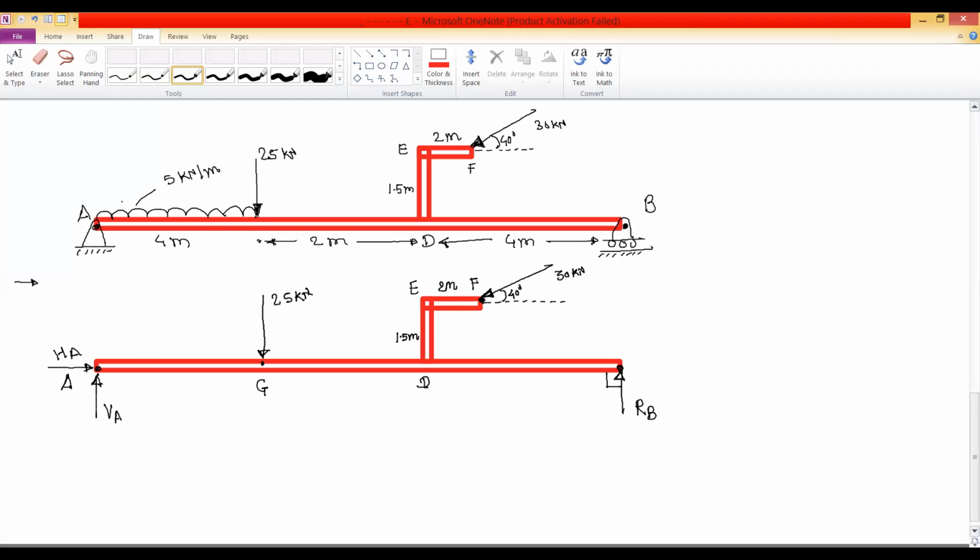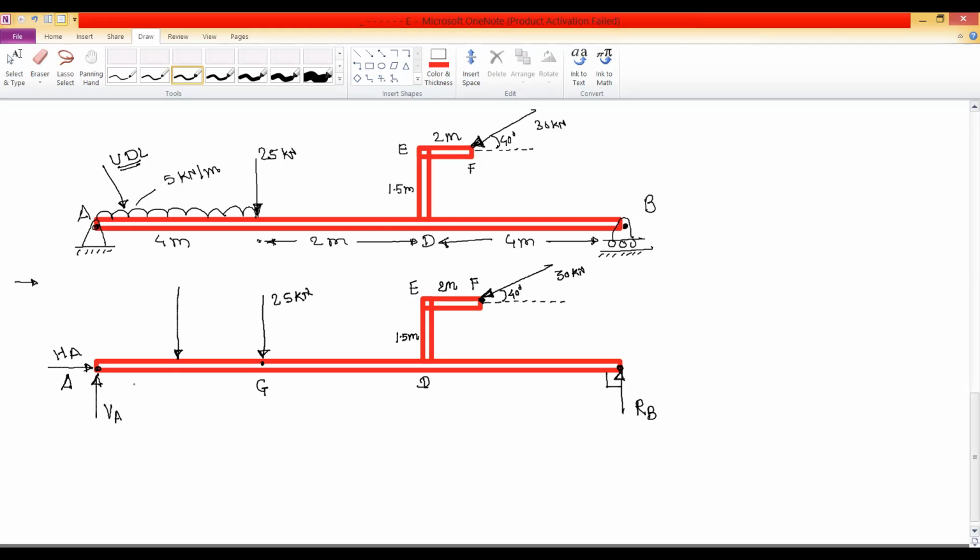Now we have to convert this UDL, the uniformly distributed load, into the equivalent point load. For this conversion, its point load will act exactly at the center of the span of the UDL.